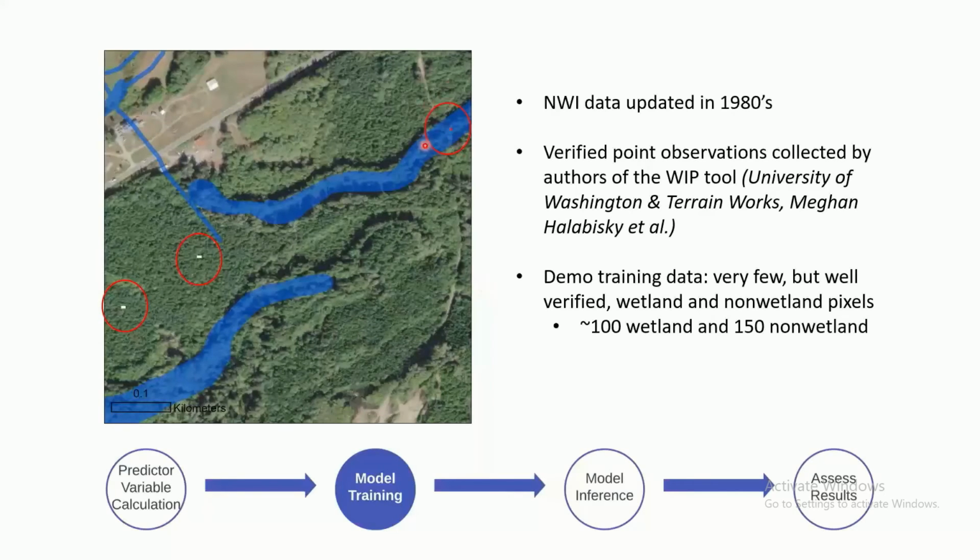To see an example of that, imagine this red pixel here being an example of a true wetland that the model will try to learn some rules from. These two sets of pixels here are verified examples of non-wetlands. So all in all, we have about 100 4x4 meter wetland pixels to learn from, 150 4x4 meter non-wetland pixels to learn from, which is pretty small to run some predictions for an entire watershed.